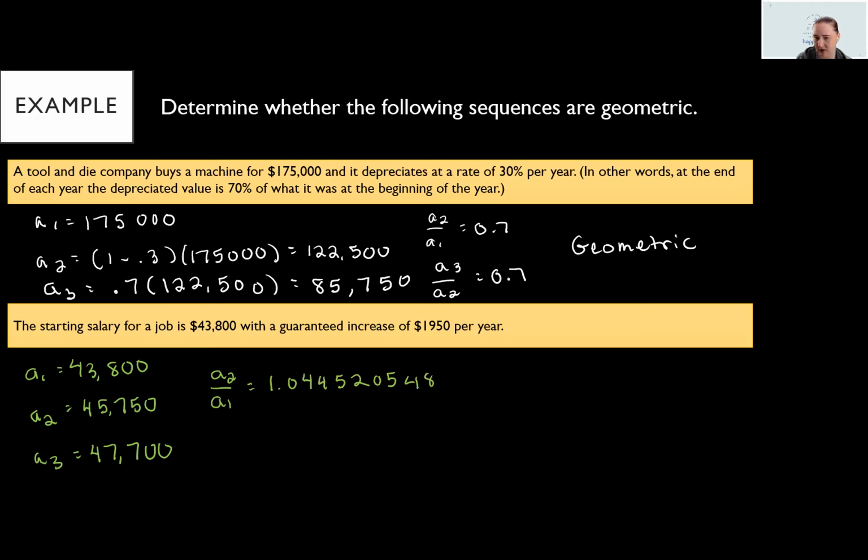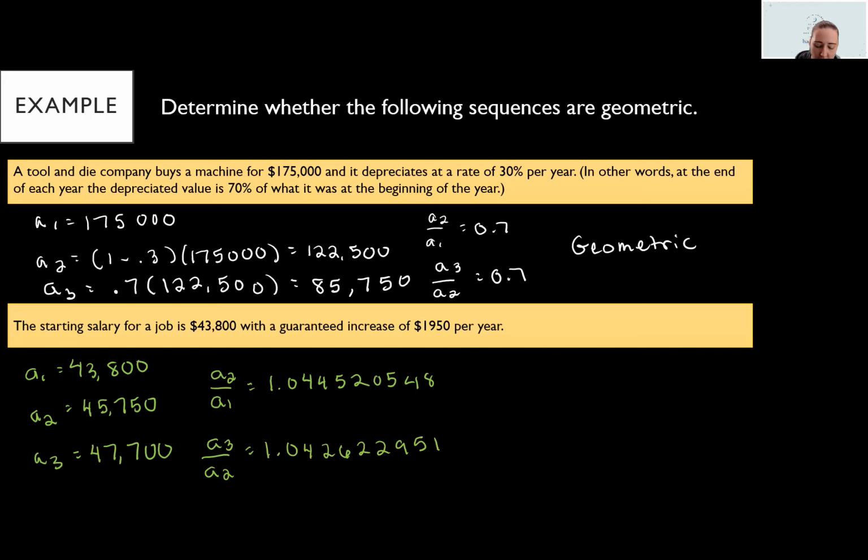Like this is not going to be written as a fraction. This is just gross. And then A3 divided by A2. So 47,700 divided by 45,750. 1.04262291.